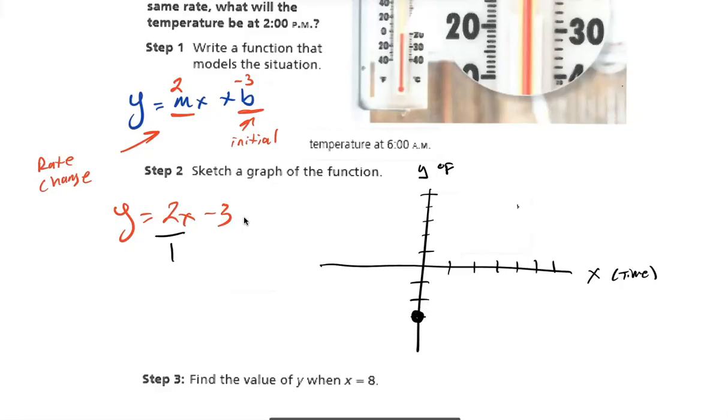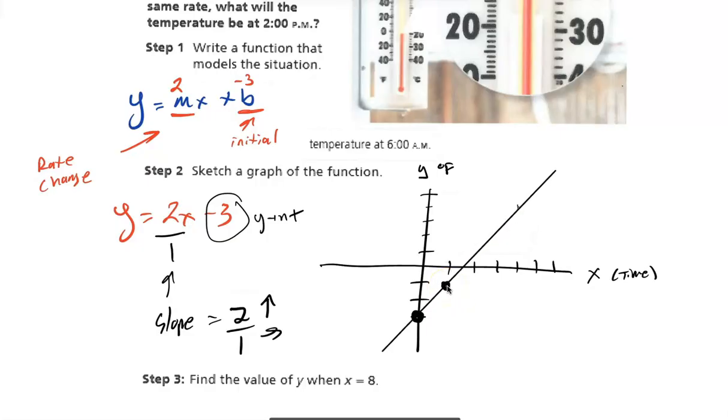My slope right here is 2 over 1. This is my y-intercept, which is always our first point on the y. Slope is 2 over 1. It's positive, so we're going to go up, and then we're going to go to the right. So from this point here, our y-intercept, we're going to go up 2 and right 1. So right there. And there is our graph.